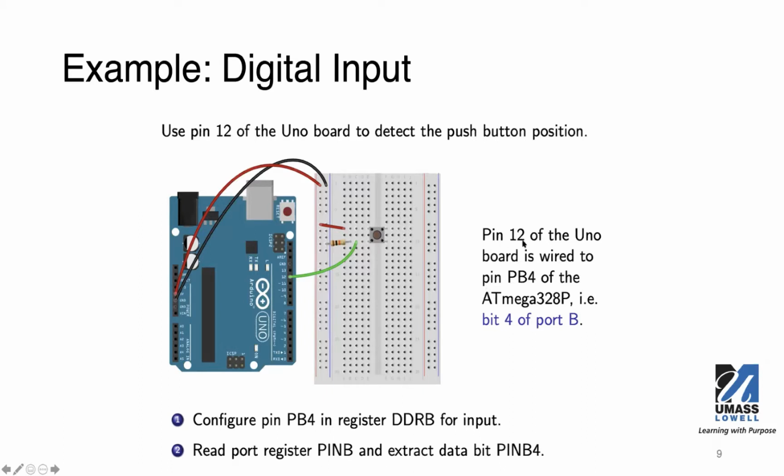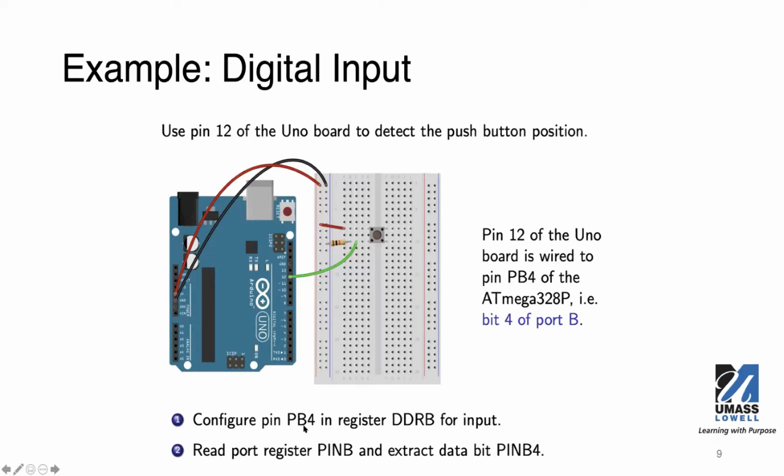Now, pin 12 on the Arduino board is wired to pin PB4 of this microcontroller. So we're really talking about bit number 4 of port B. All the things we do for this design, we should deal with PB4 for this operation.